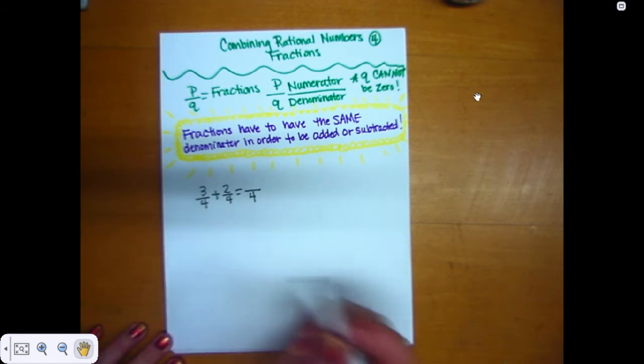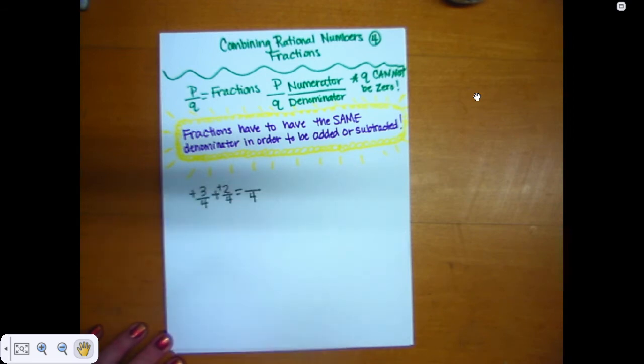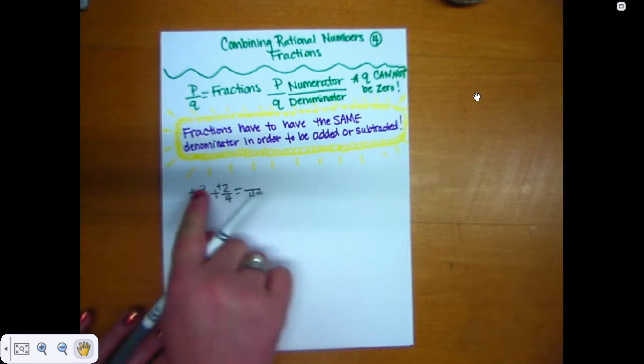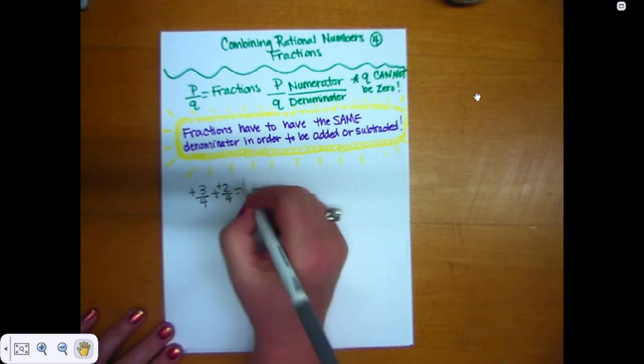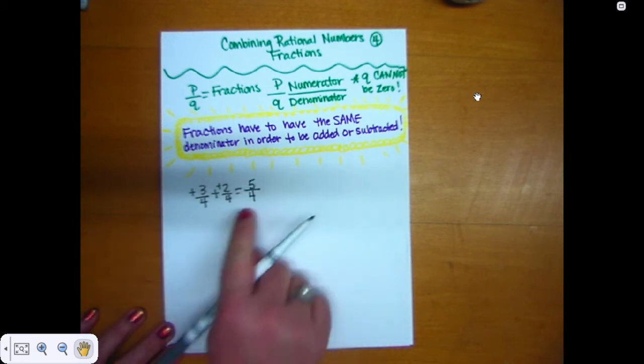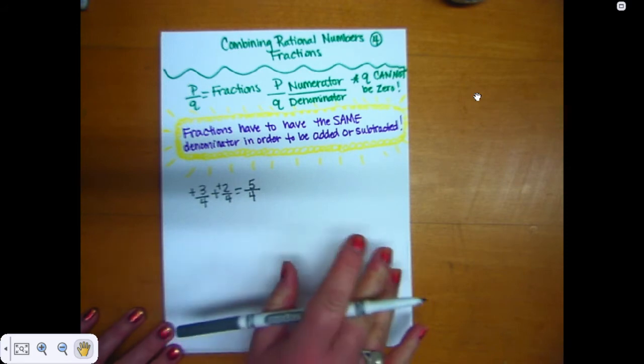Okay. And again, we know that this is positive and this is positive. So our signs are the same, so we're going to add. So you're only going to add the top numbers. So 3 plus 2 is 5. Now I know that this cannot stay this way because 5 is too big for 4 and it's just going to fall over.